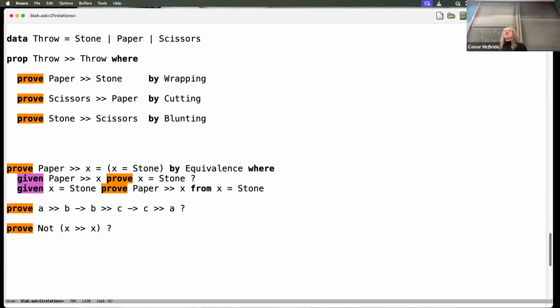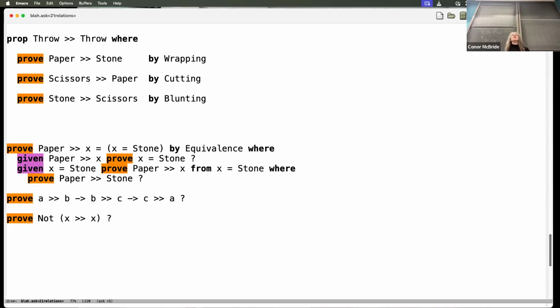What good does it do me to know that X is stone? Well, it means I can replace X by stone in the goal. So you can do that when one side of the equation is a variable. If you say from variable equals thing, then thing will be substituted for variable. Here, stone was substituted for X, and now we can proceed by wrapping.